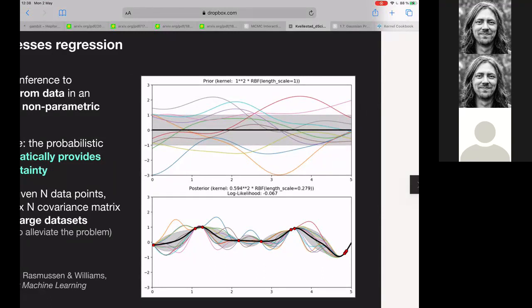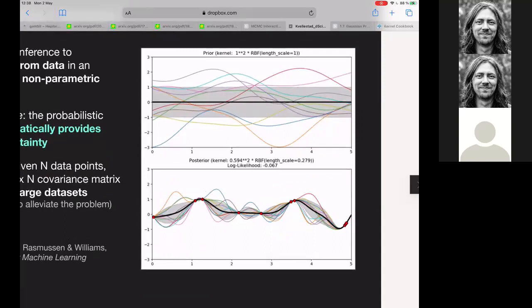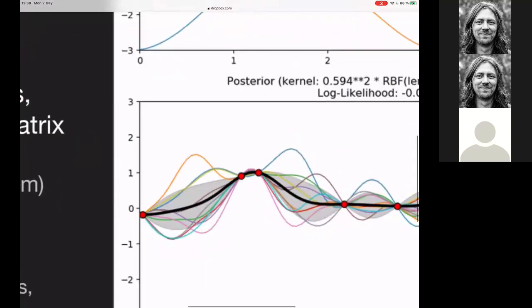All these colored functions are example functions drawn from that prior. The bottom is the posterior, once someone has told you the function values at some points. You can draw sample functions from that posterior, but often you don't see the samples; all you see is the black band and the gray uncertainty band.